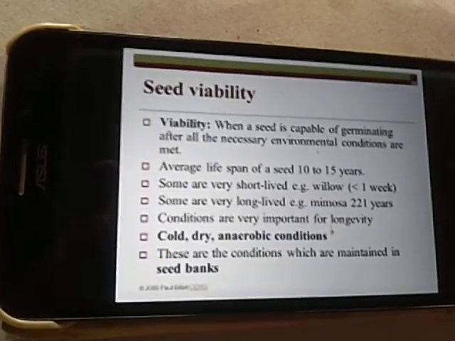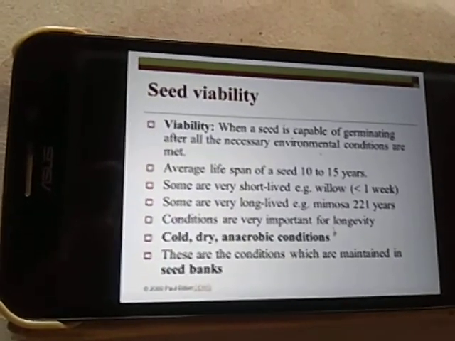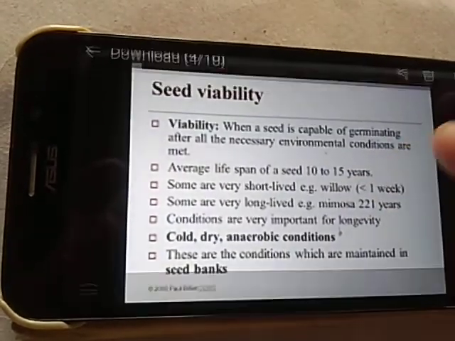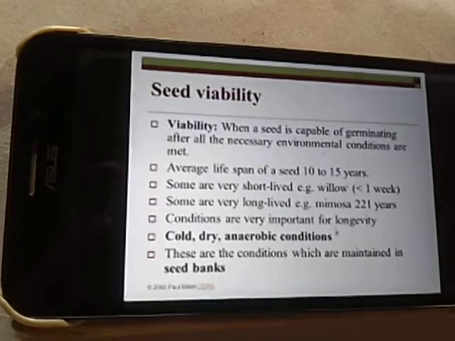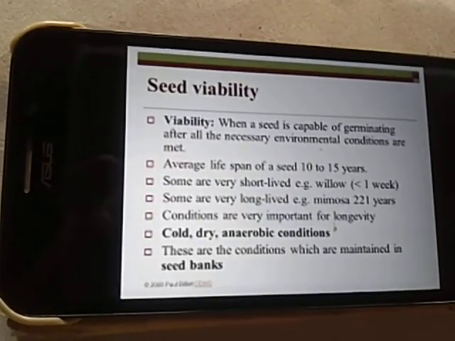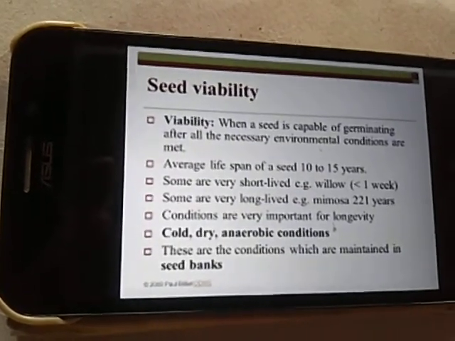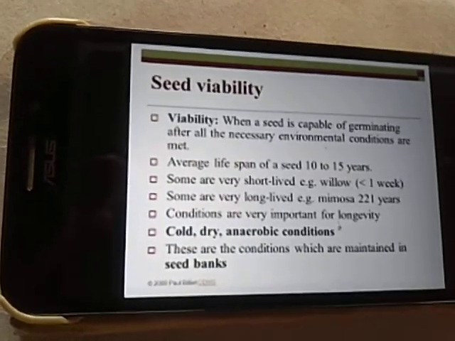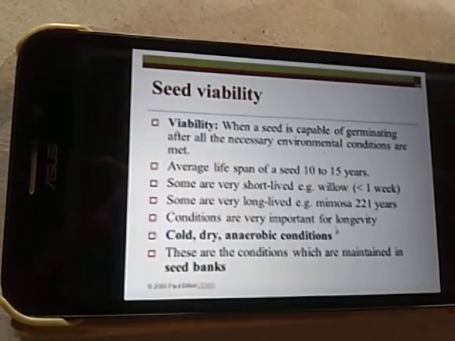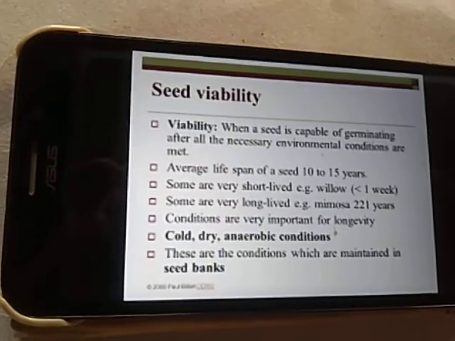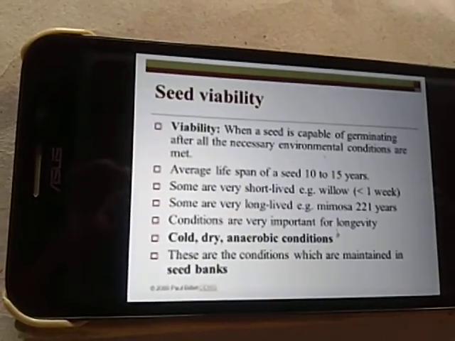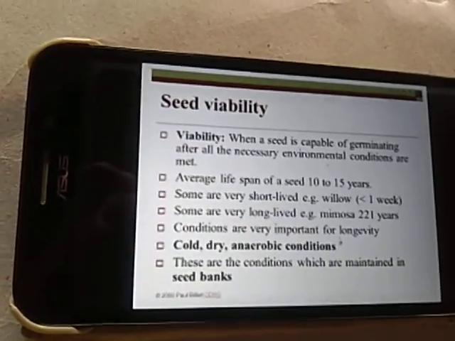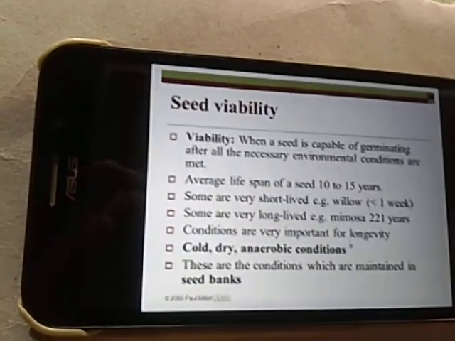So a seed is capable of germinating after all the necessary environmental conditions are met. The average lifespan up to which a seed can germinate is 10 to 15 years. Some are very short lived, like willow, which has only up to 1 week. Some are long lived plants like mimosa, 221 years. Okay. Some seeds also have thousands of years of viability period.